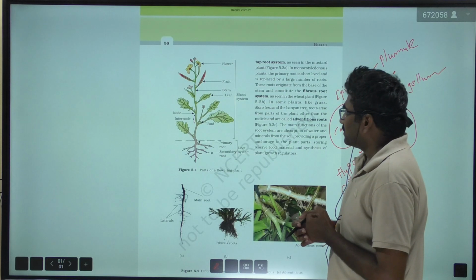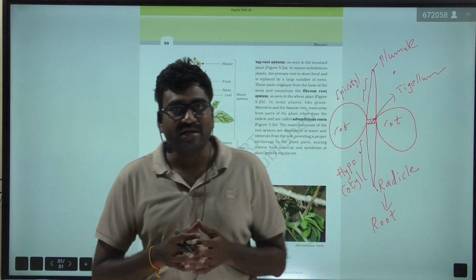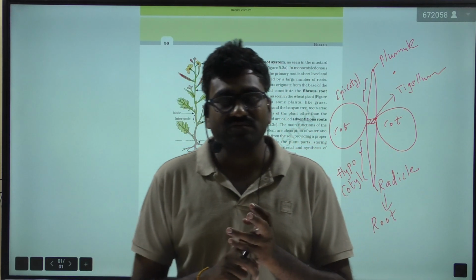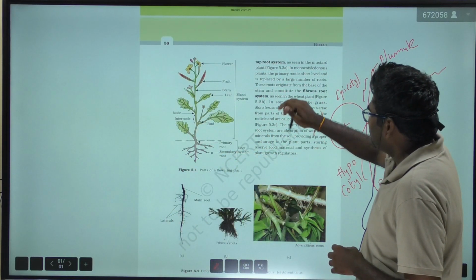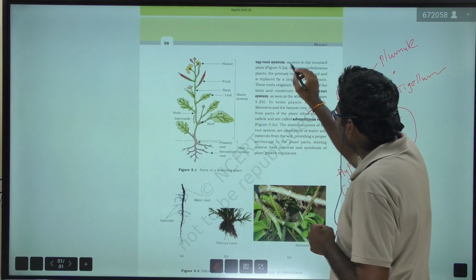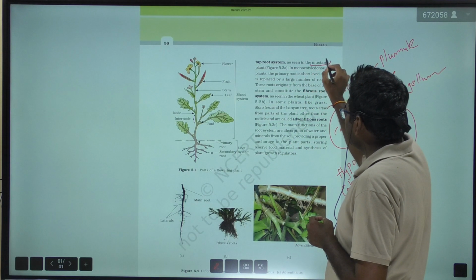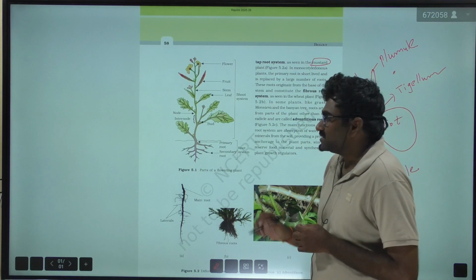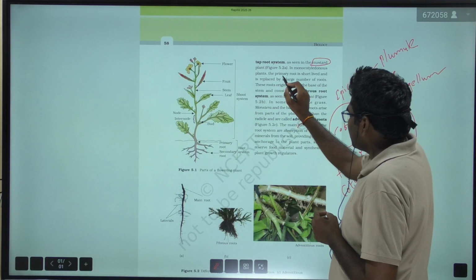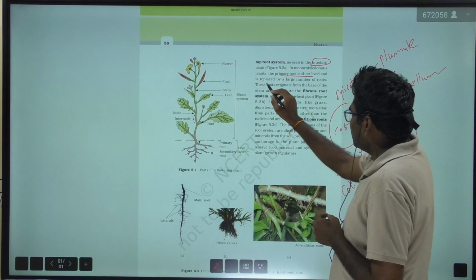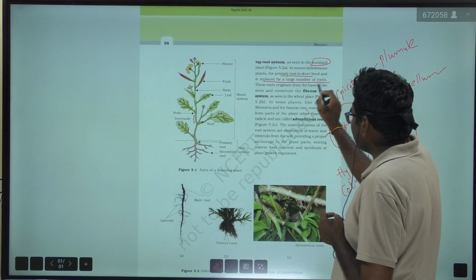We have three types of root systems in plants: taproot system, fibrous root system, and adventitious root system. Taproot system, example: mustard plant.